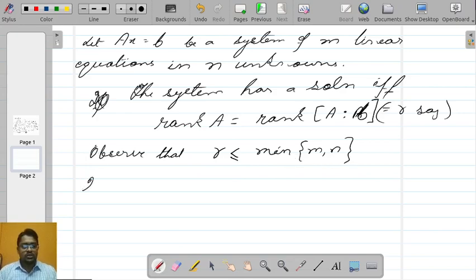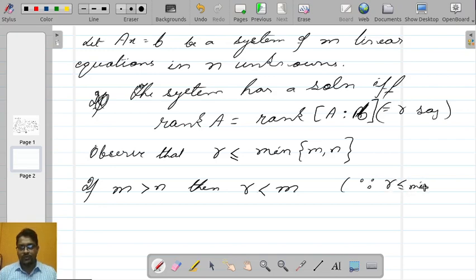So if m is greater than n, that is, the number of equations is more than n, then the rank R is strictly less than m, since R is less than or equal to the minimum of m and n.